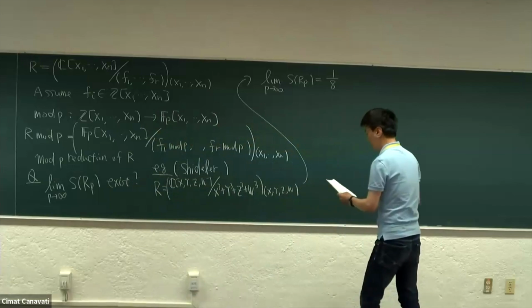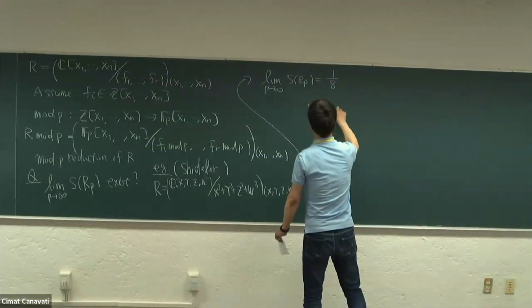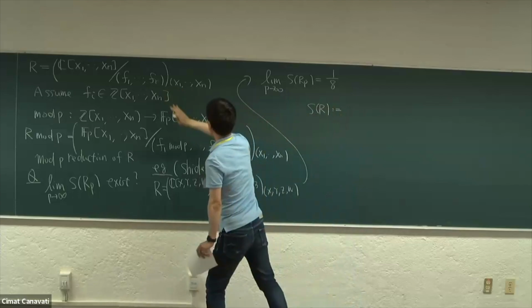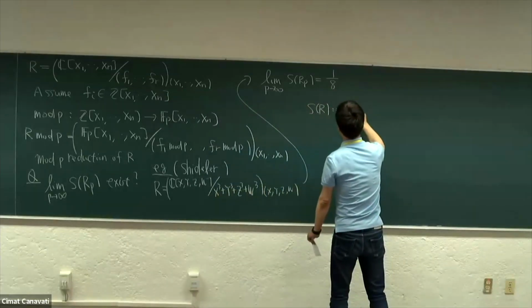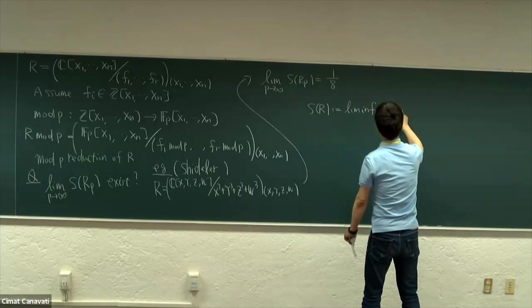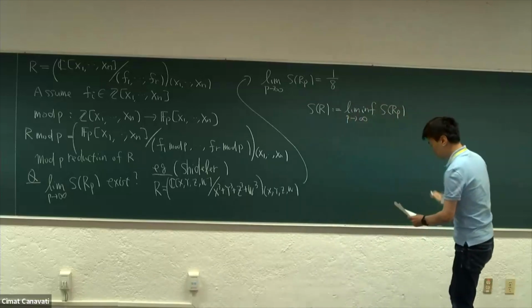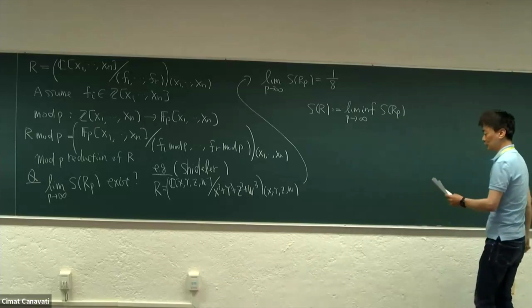So in this talk, let me define the F-signature of R to be the limit of the F-signature of the modulo p reduction of R. This is the definition in this talk.